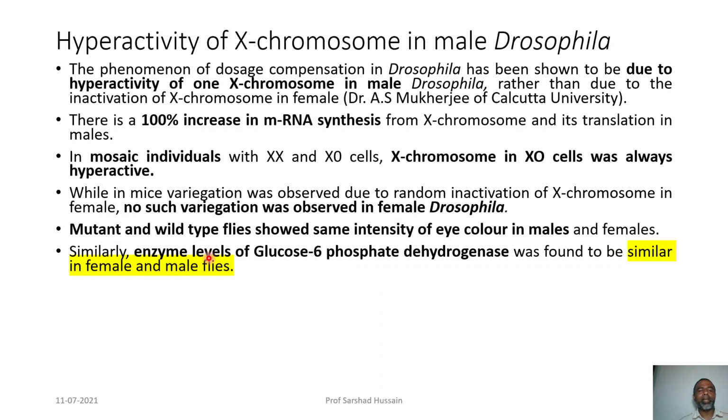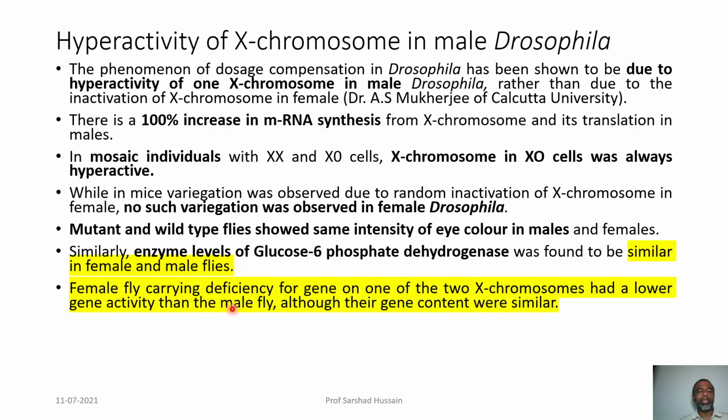Similarly, the enzyme level of glucose 6-phosphate dehydrogenase was found to be similar in both the female as well as the male. A female fly carrying a deficiency for a gene on one of the X chromosomes had a lower gene activity than the male fly, although their gene content was similar. Because, say for example, if the female is having a deficiency of a gene on one of the X chromosomes, it means its other X chromosome will be normal and this chromosome is having the deficiency.